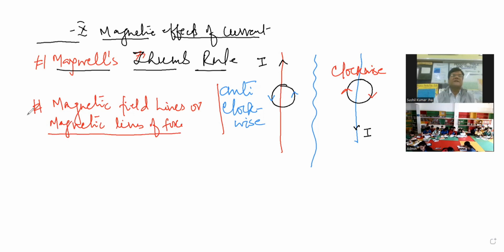Two names, both are the same. What does it mean? All of you try to understand first.